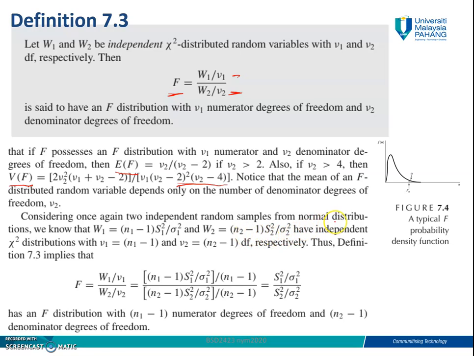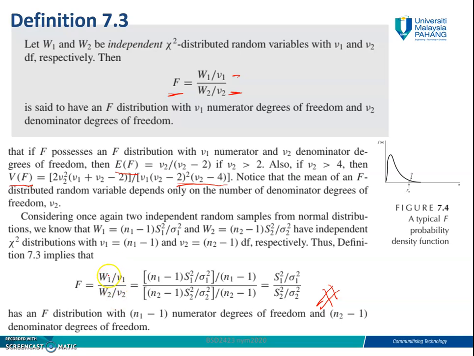You can see that W1 follows a chi-square distribution with nu1 degrees of freedom, and W2 follows a chi-square distribution with nu2 degrees of freedom. Thus Definition 7.3 gives you this, in terms of W1 and W2.